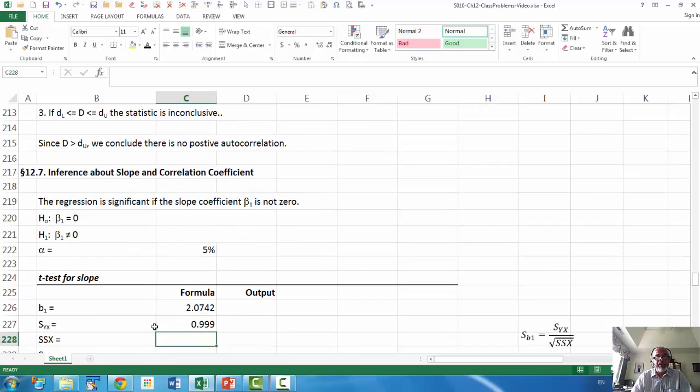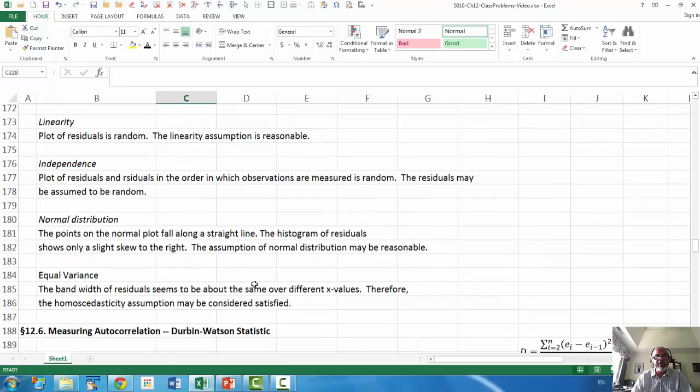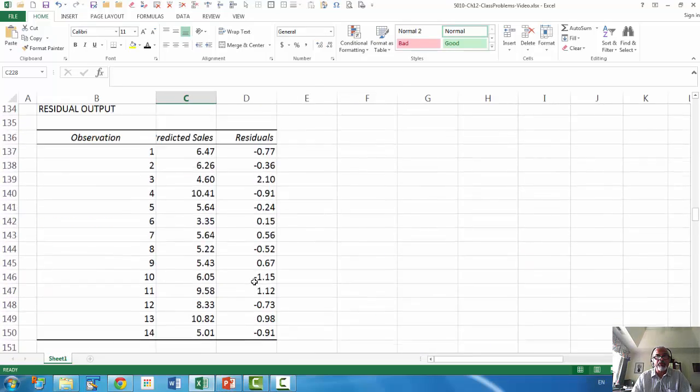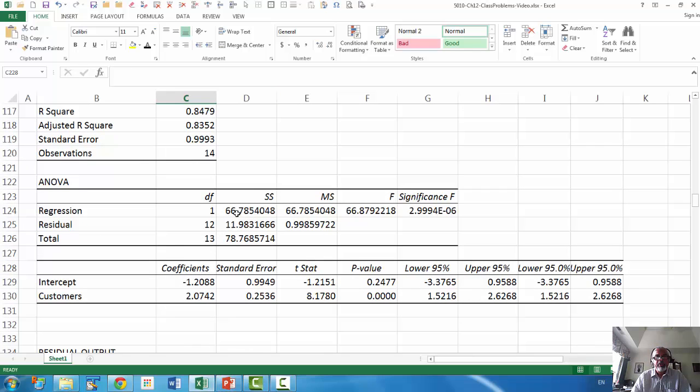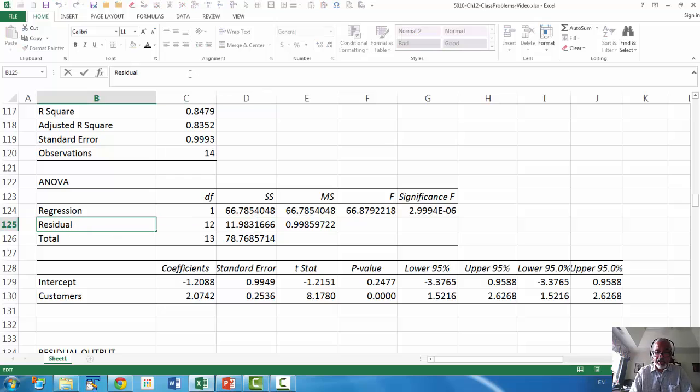Now we can also find S sub yx from the data analysis regression output. So here is the output. Here we have regression SSR and SSE; residual is another name for error, so you need to remember that. Residual and error are one and the same thing.